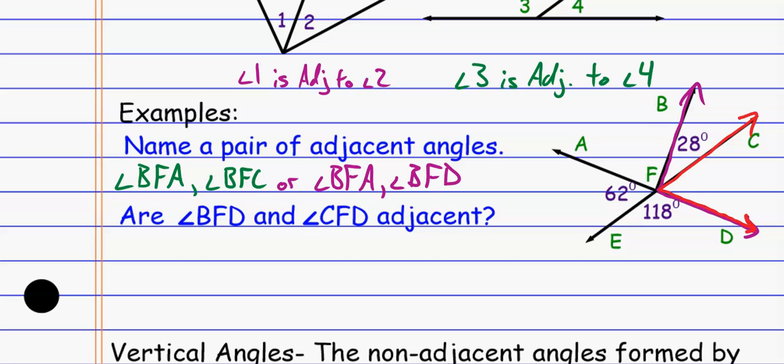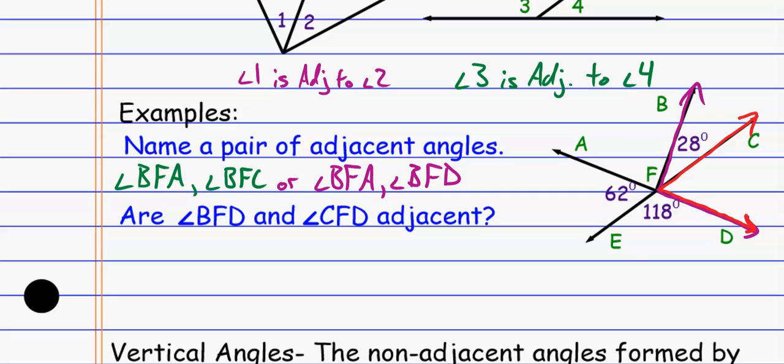I look at these two angles. I can see that they share a side right down here, this side, FD. But the question is, are they next to each other? And the answer is no, they're not next to each other. CFD is literally inside of angle BFD. So these aren't adjacent because they're not next to each other. It's not one next to the other. It's one inside of the other.